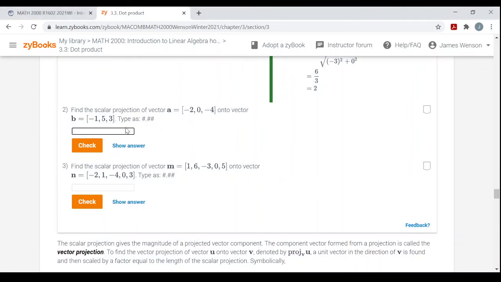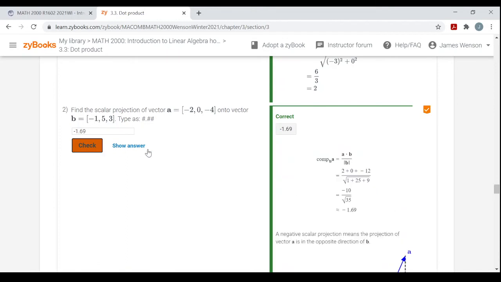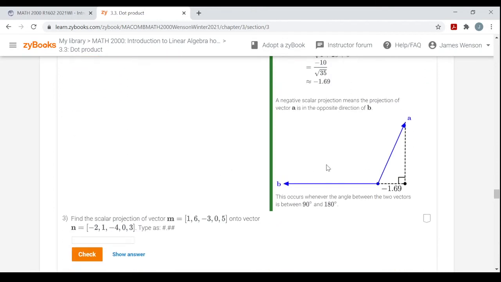But all they asked for again was the scalar projection, right? That A dot B divided by the magnitude of B, and they say to type it as number, point, number. So round to the nearest hundredth, negative 1.69. And they draw a little picture. They give you a better picture here. Here's A, B's pointing off this way.